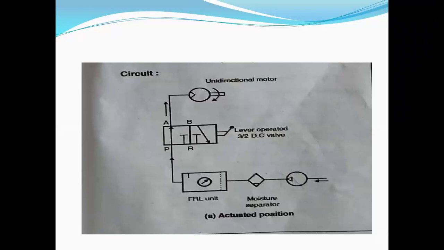So from P to A, the air starts rotating the unidirection air motor in the clockwise direction. Once we change the supply by using the 3x2 direction control, your B port is connected to R and R towards the muffler.